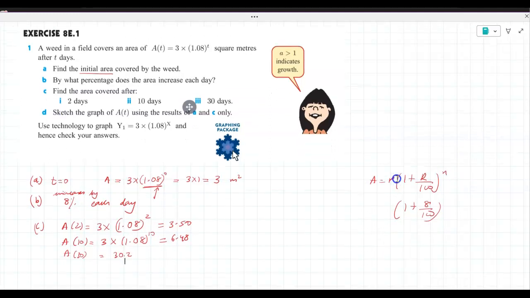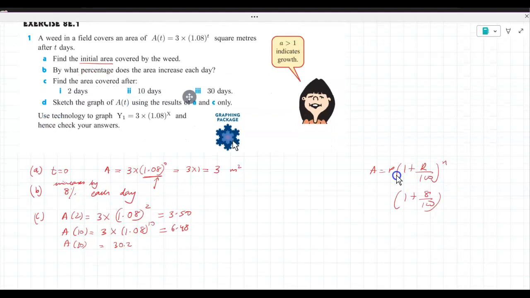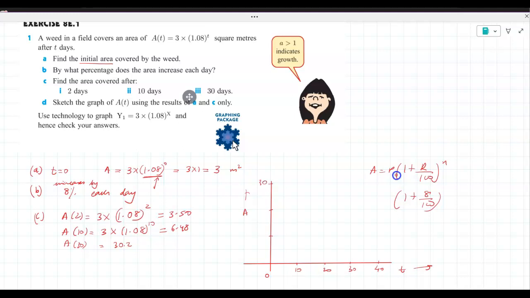Then sketch a graph using the results in A and C only. So what do you do in this case when you're sketching the graph? This is 0. I can take 10, 20, 30. This is your time. This is the area. What is the initial area? Initial area is 3.